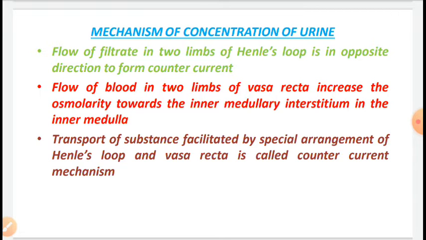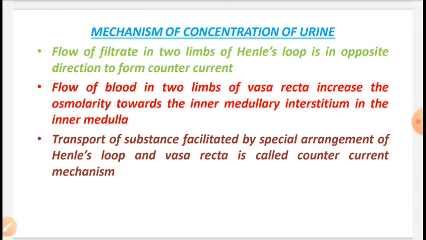This gradient is actually mainly caused by NaCl and urea. NaCl is transported by the ascending limb of Henle's loop, which is exchanged with the descending limb of vasa recta. NaCl is returned to the interstitium by the ascending portion of vasa recta.